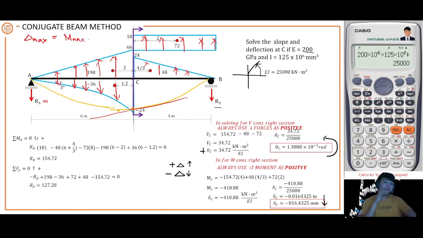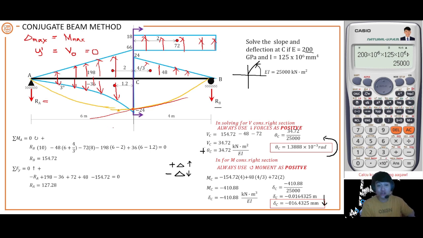Now, in the shear diagram, the maximum moment is located at what? Value of shear, zero shear. So on your real beam, the slope at that point is equal to 0. So all you have to do, if you are asked to identify the maximum, is to find the location.